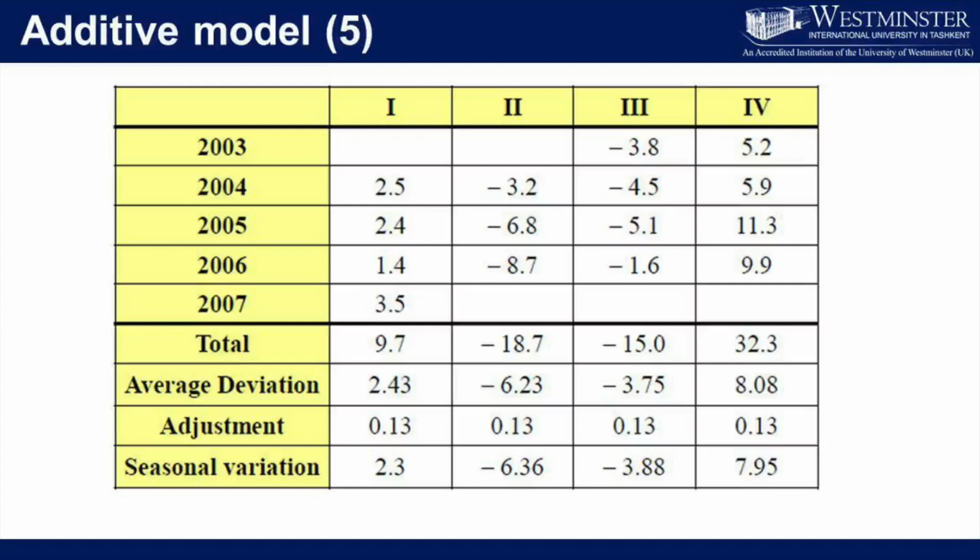I want you to understand this and pay attention. You write the years in the first column, all the years that you have: 2003, 2004, 2005, 2006, and 2007.